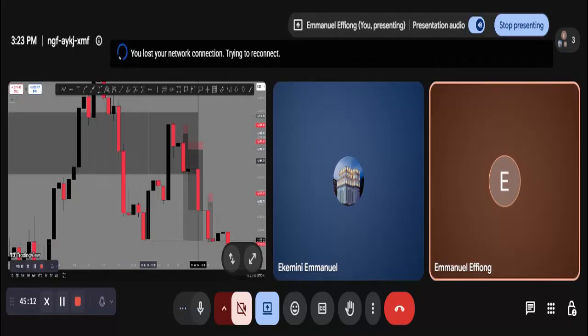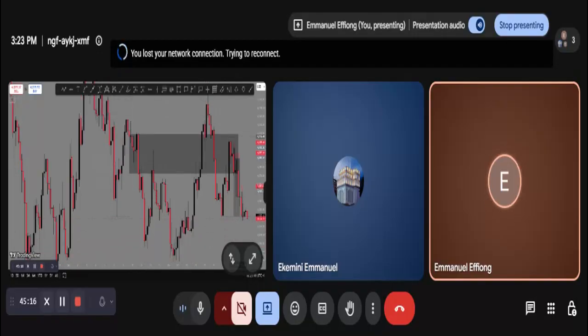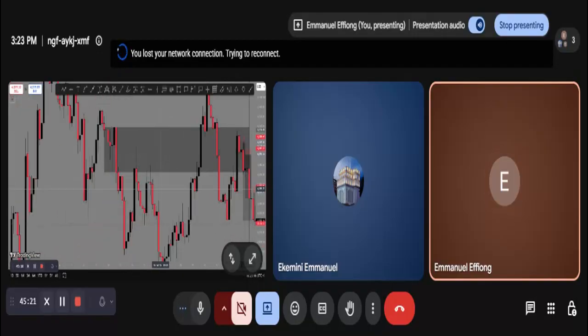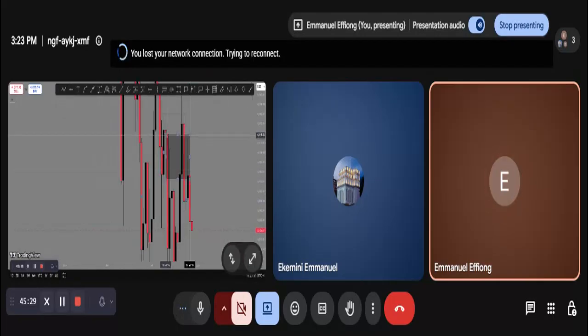Let me go back. So, key levels. Let's talk about key levels here and break of structure. You notice that it was on the daily time frame that I marked out my zone, which is this double break rejection candle, right? As I mark out my zone on the daily time frame, I move to 4 hours.